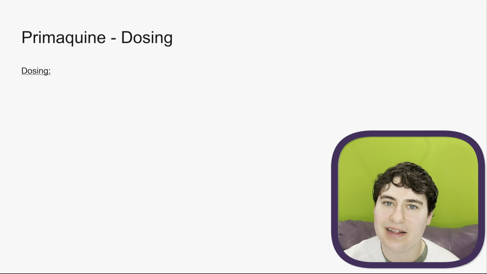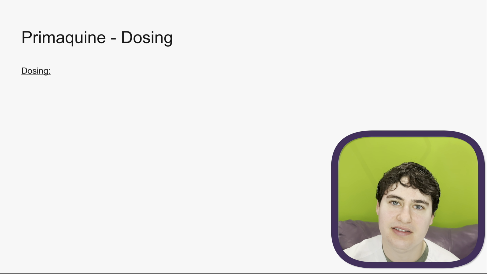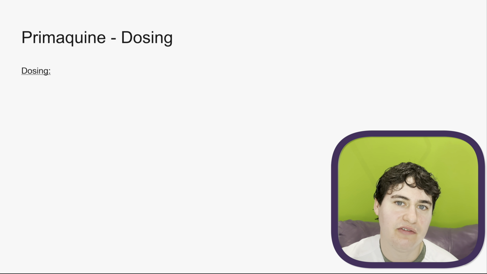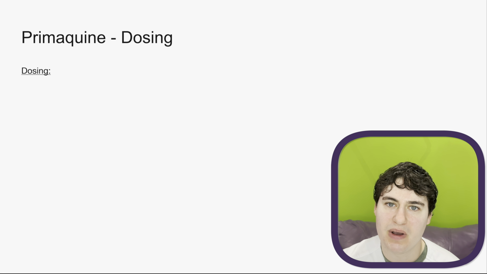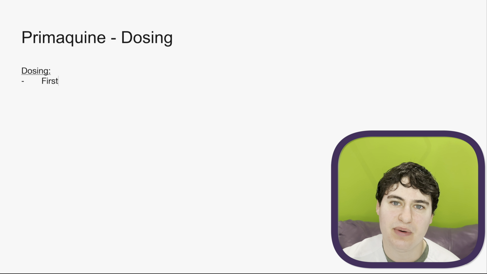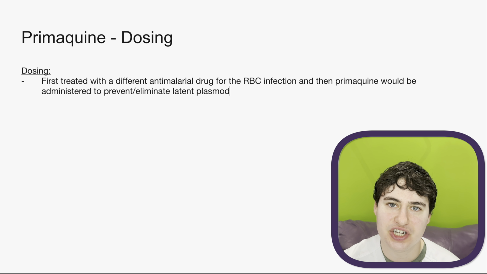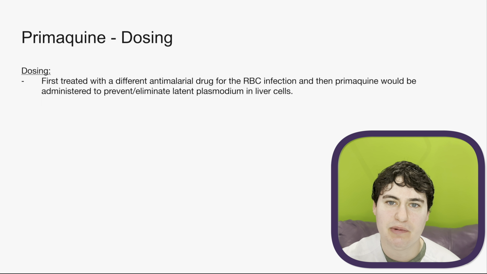Okay, so before we can start dosing of Primaquine for a patient, what is Primaquine for? It's going to be for the latent inactive Plasmodium, the parasite within the liver cells. So it's not going to really be mainly used for the red blood cells or the bloodstream form of malaria. It's just for that latent inactive form of malaria within the liver cells. So for this reason, we're going to want to start giving a patient a different anti-malaria drug that would be effective for this malarial form.